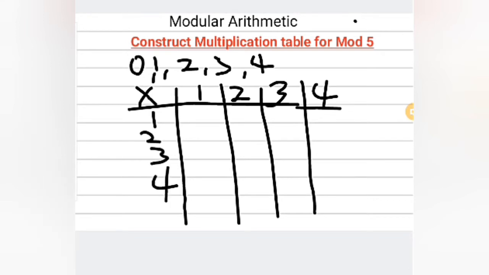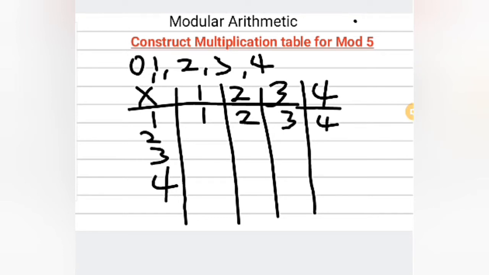So now in this case, we are using this to multiply everything here. Then we use this to multiply everything here. We move to this, then the last one here. So by doing so, we have 1 times 1 gives 1, 1 times 2 gives 2, 1 times 3 gives 3, and 1 times 4 gives 4.